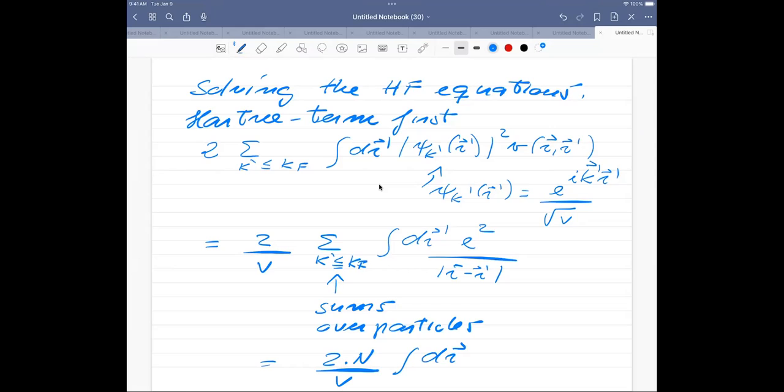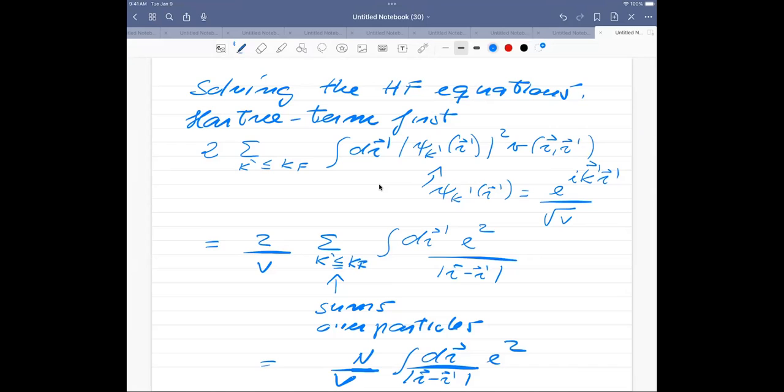And then I get v of r minus r prime here. And actually this factor of 2, so this gives me a term which is going to be exactly the same as this potential which I had, times e squared here. And the factor of 2 here is actually going to disappear. So let me just take that one away. So that shouldn't be there.